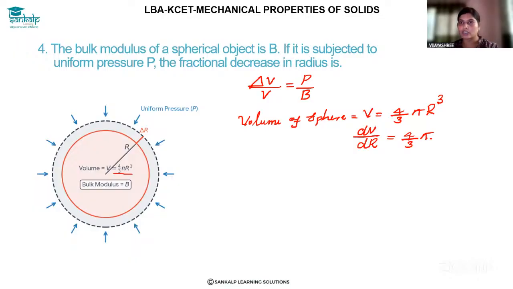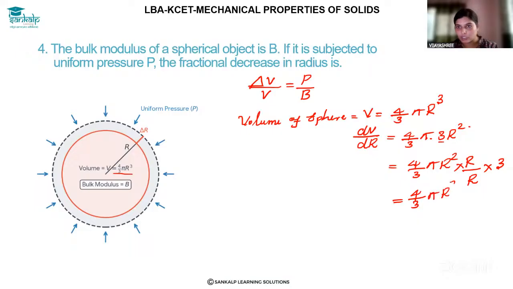The differentiation of r cube is 3 into r square. I will rearrange and write this, children: 4 by 3 pi r square. I multiply the numerator and denominator by r, and write 3 here. So it can be written as 4 by 3 pi r cube divided by r into 3.